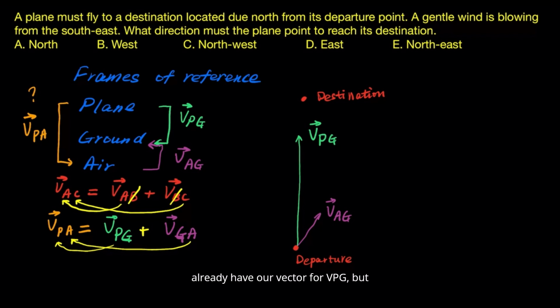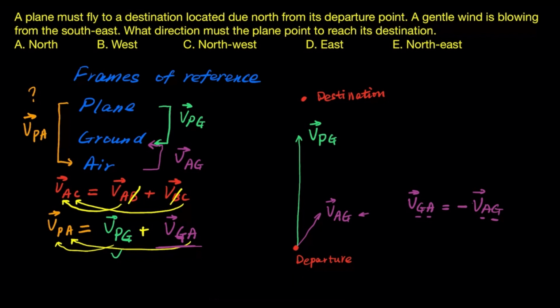Now we already have our vector for Vpg, but it seems like we don't have Vga. What we have is Vag. So what's the relationship between the velocity of the ground relative to the air versus the velocity of the air relative to the ground? Vga is actually equal to negative Vag.